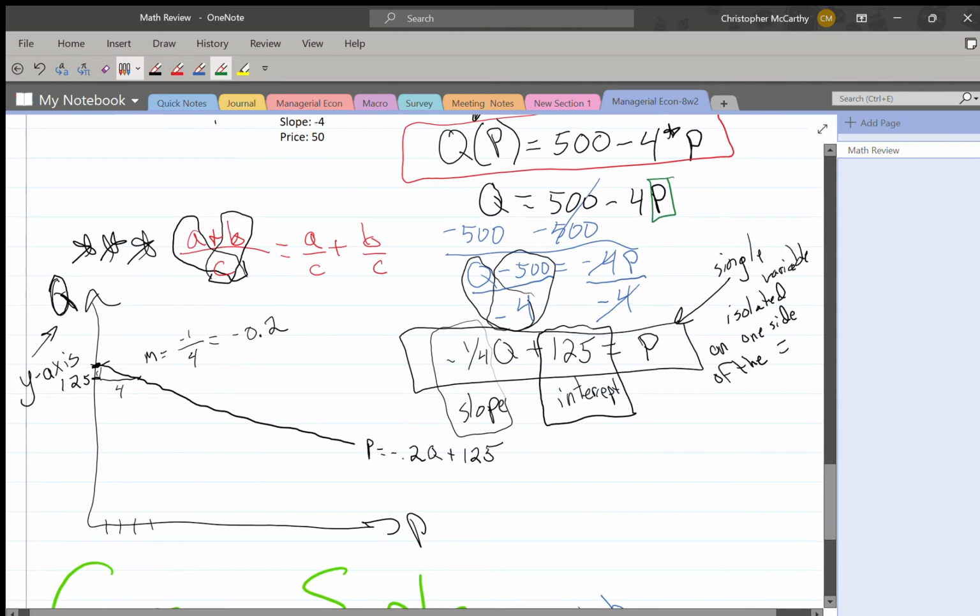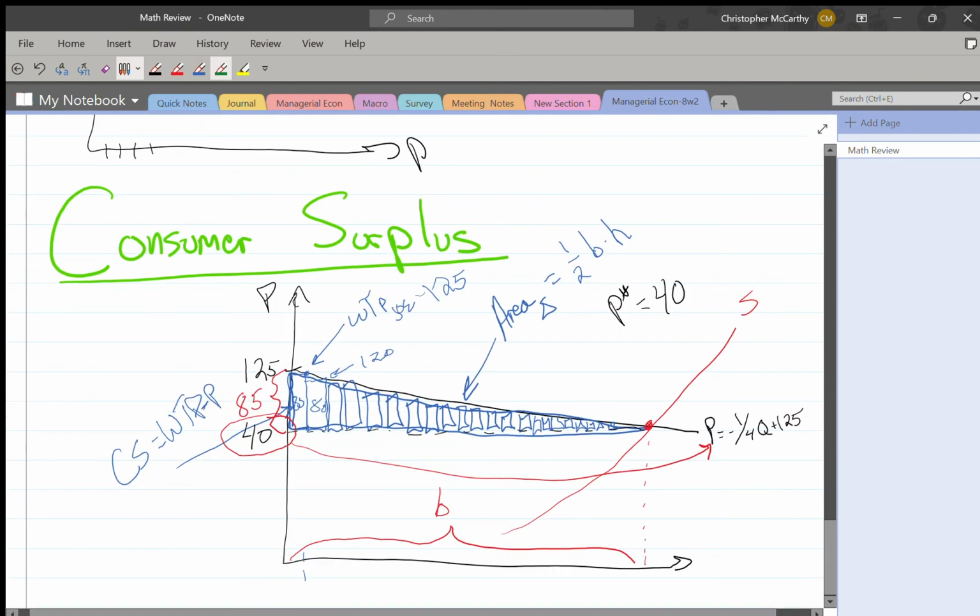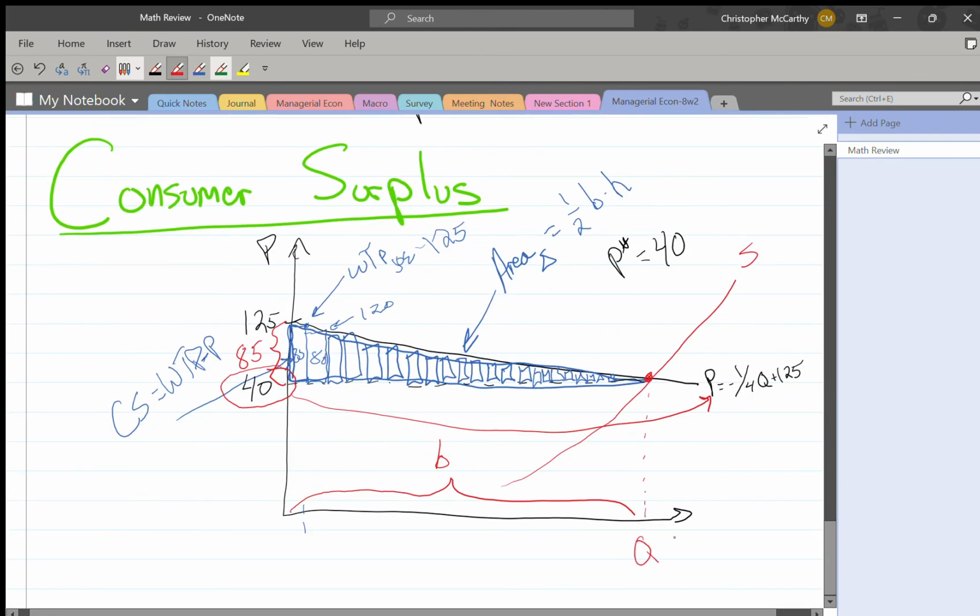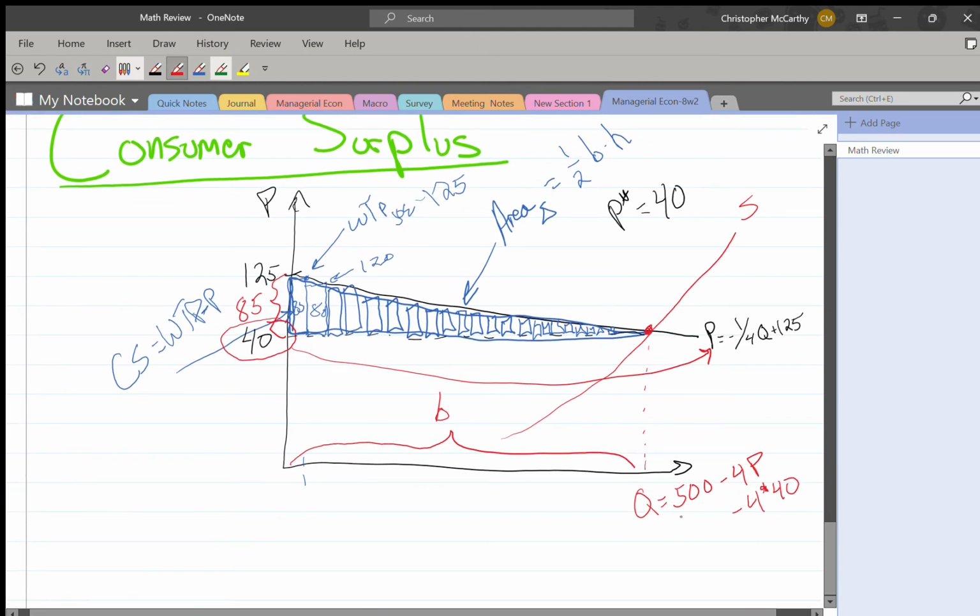So quantity is equal to 500 minus 4p. And so 4 times 40 is 160. So 500 minus 160 is equal to 340. So this is our base.